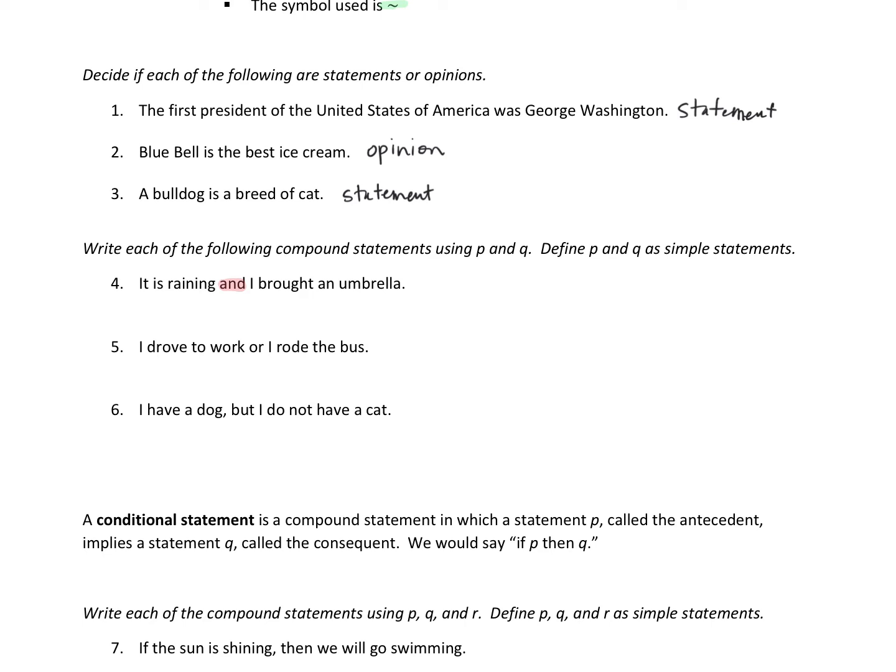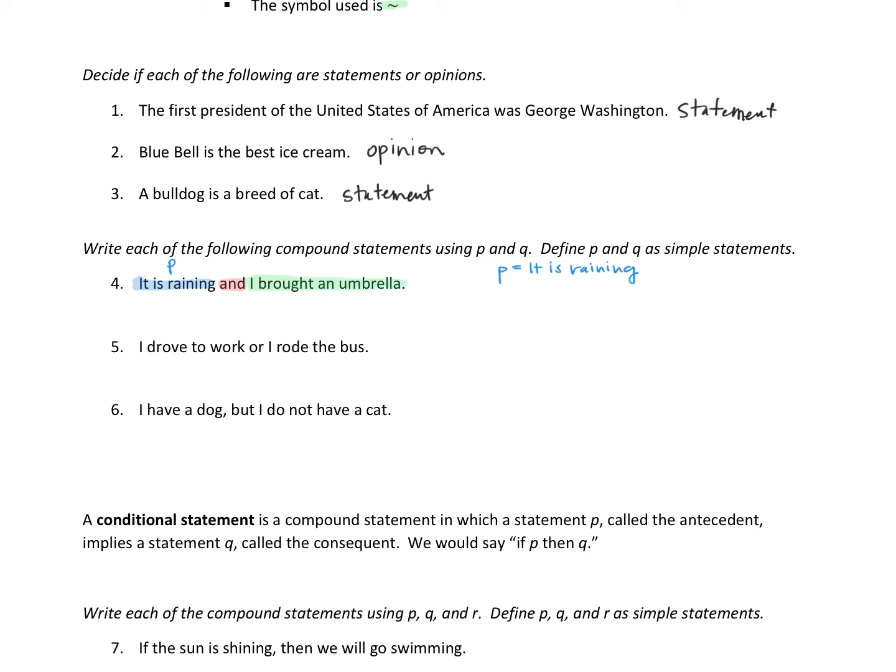The first one is, it is raining. We can label that as P. So P is, it is raining. And then after and is another simple statement, I brought an umbrella.